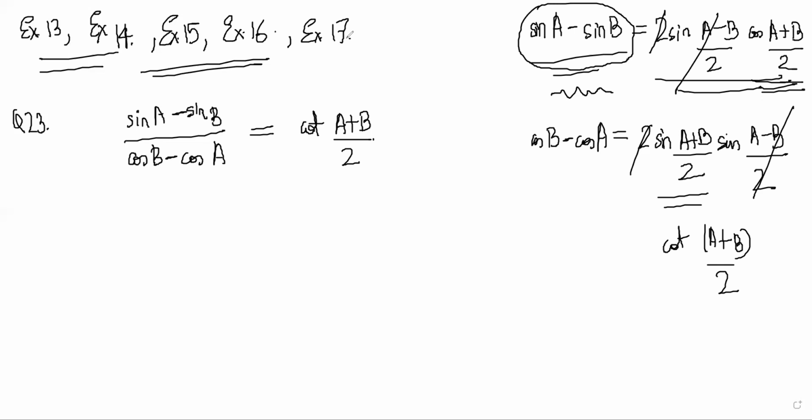Exercise 18, question numbers. Okay, till question number 22. Exercise 18 till 22. Till here you can attempt. From 13 to 18 till 22. So that is the stuff. And with that, we'll come to the end of this chapter.